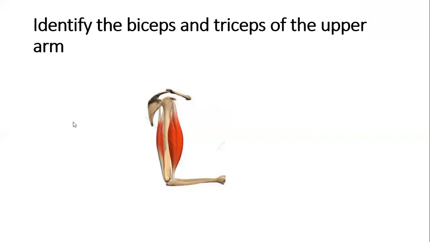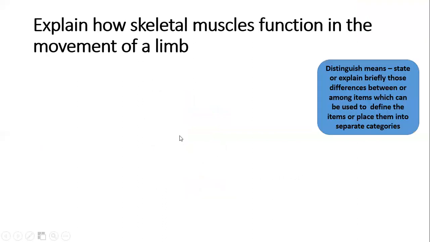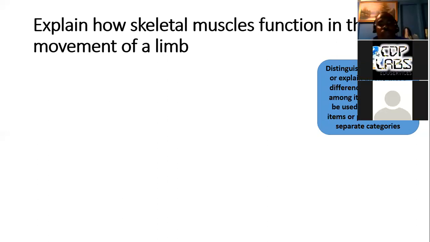Now, explain how skeletal muscles function in the movement of a limb. When you hear that question, what word comes to mind? Anybody? Explain how skeletal muscles function in the movement of a limb.